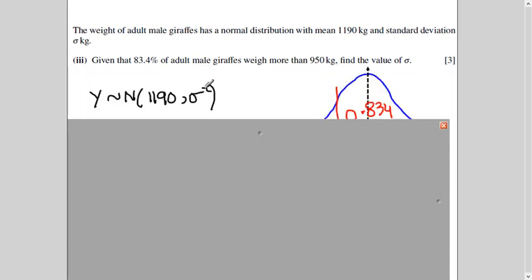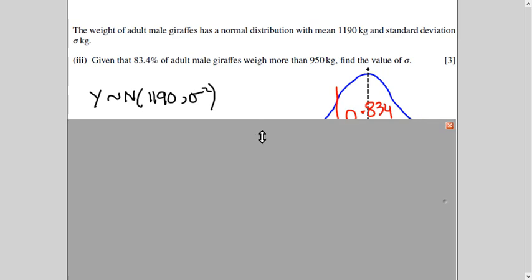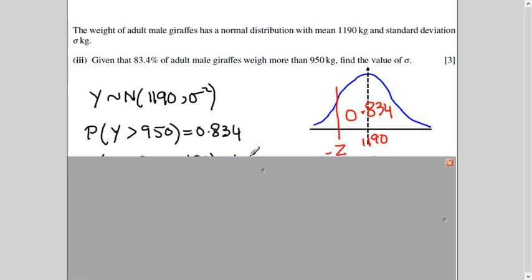So I'm writing this information in the normal distribution form, and then graphically I'm just showing it to you. Okay, let me show you from here only so that it makes more sense. So the question is saying that probability of male giraffe, I'm representing it by letter Y, greater than 950 is 83.4%, which is given here. So I have just written the question in the mathematical form, and now this is the visual form of it.